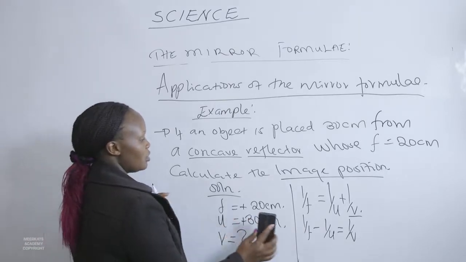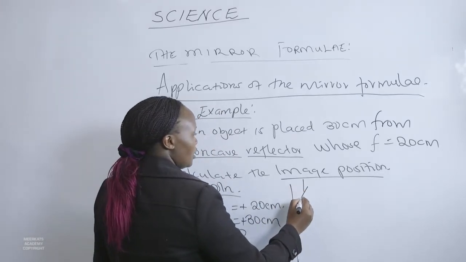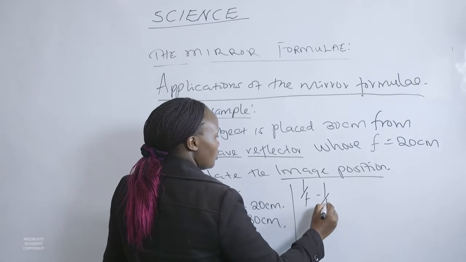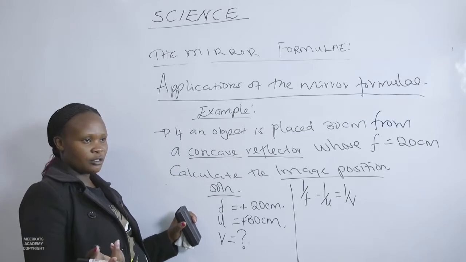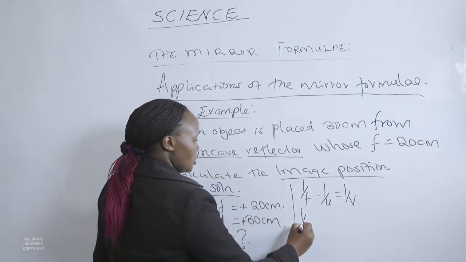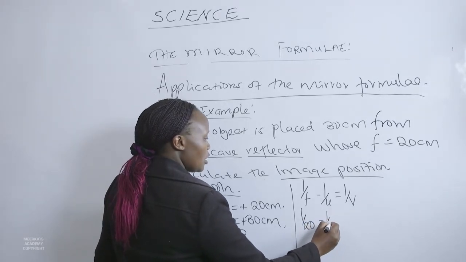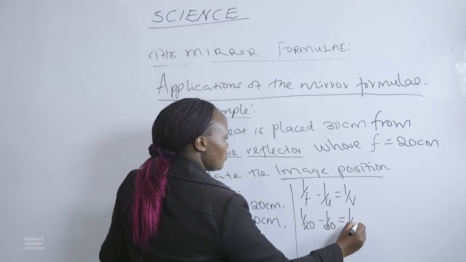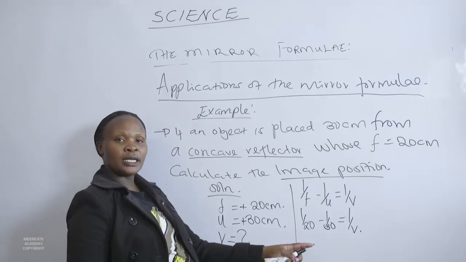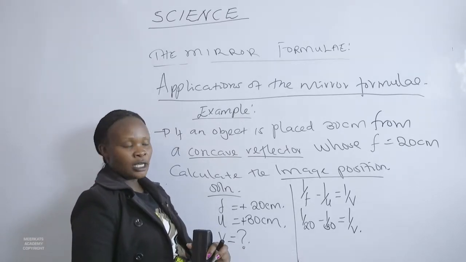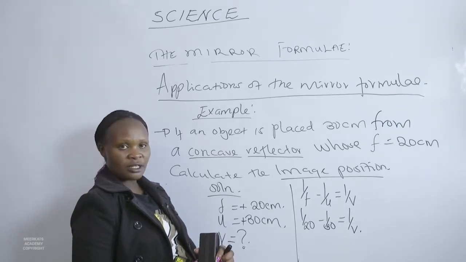Now let us substitute then. If 1 over F minus 1 over U is equal to 1 over V, then we can substitute in the formula so that 1 over 20 minus 1 over 30 becomes 1 over V. Now, we have put in the values that we have so that they can enable us to work out what we do not have from the formula.